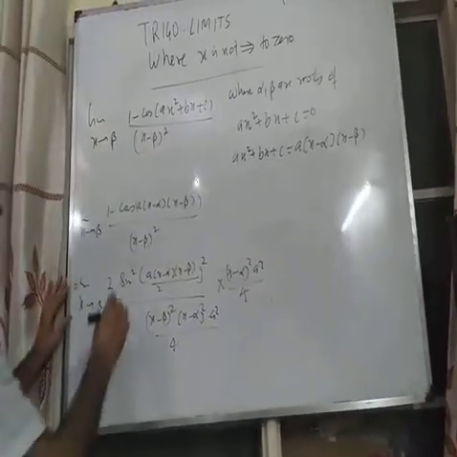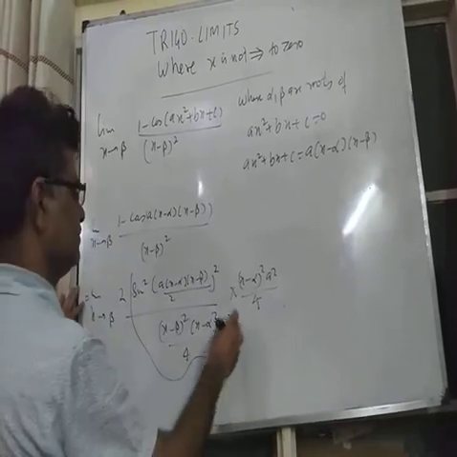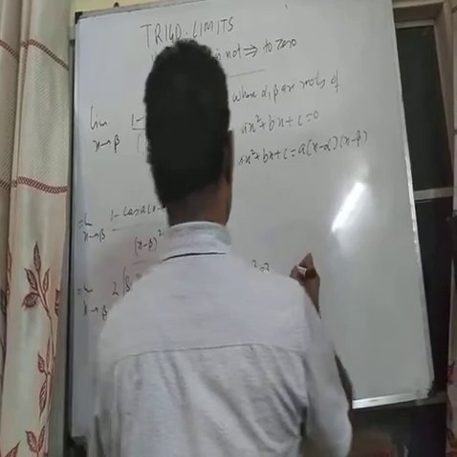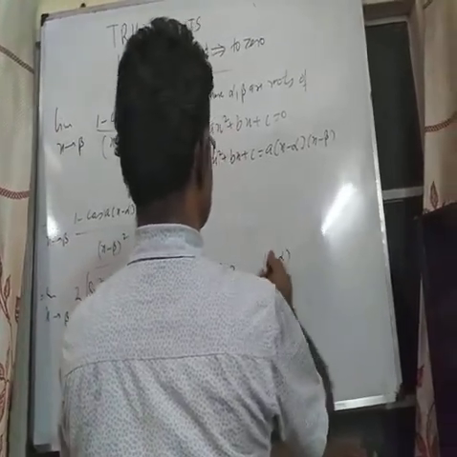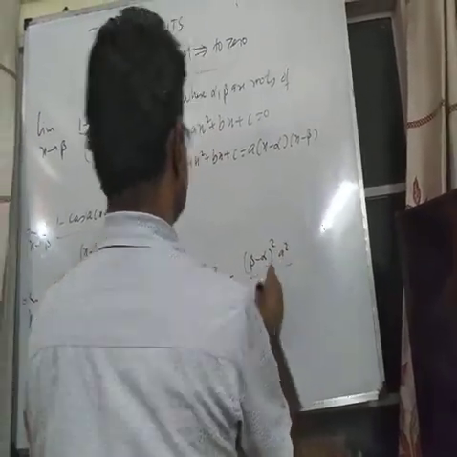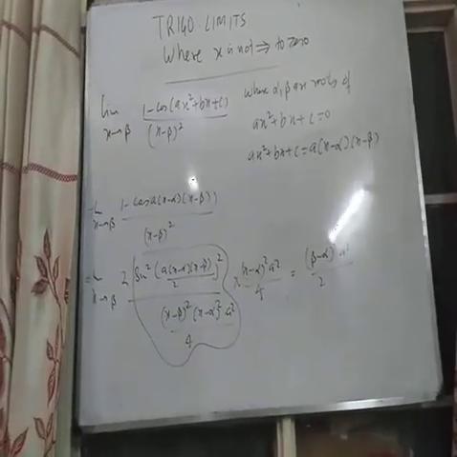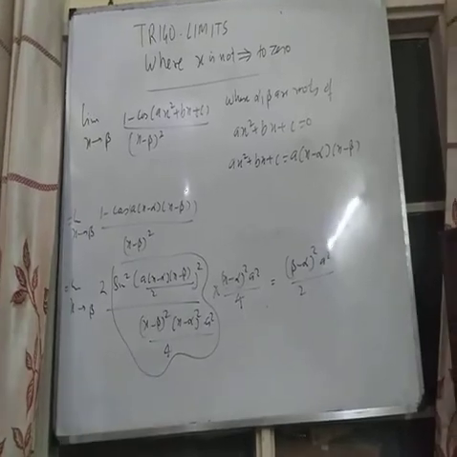So what we can see is that this is going to be 1. So the answer is coming out to be beta minus alpha whole square a square upon 2, because 2 and 4 get cancelled. So you can see how we have done this kind of process.